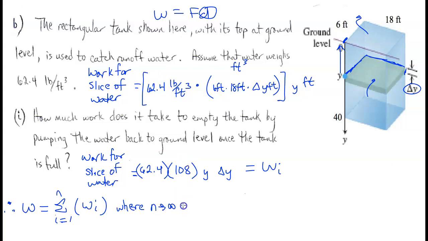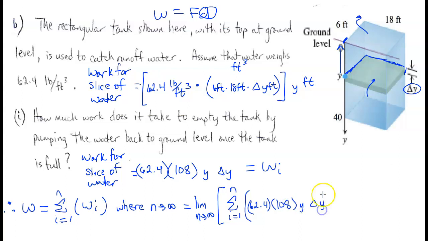And so how I would write that is the limit as n approaches infinity of the summation from i equals 1 to n. And of course, my W sub i is just all of this business here. So it's 62.4 times 108 times y delta y.